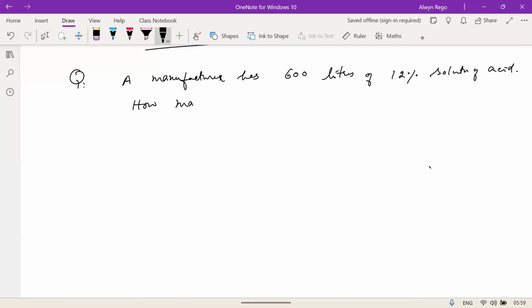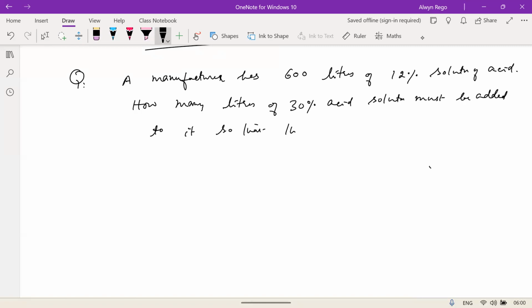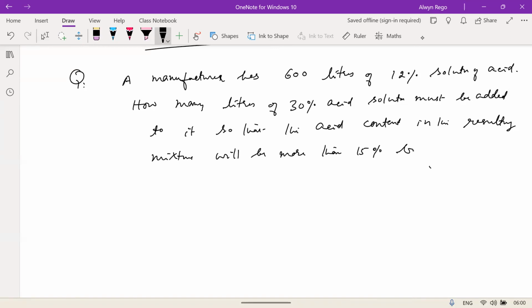How many liters of 30% acid solution must be added to it so that the acid content in the resulting mixture will be more than 15%, but less than 18%.